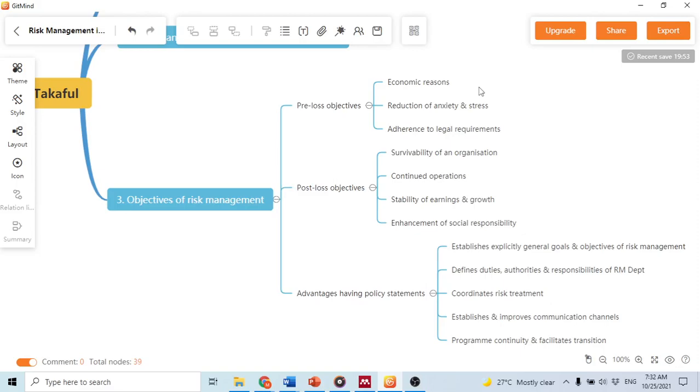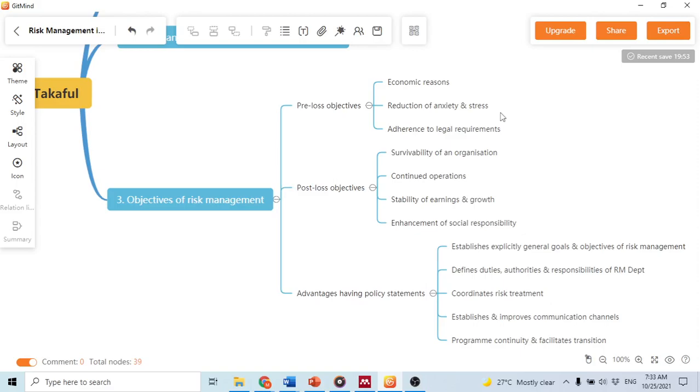And then another pre-loss objective is the reduction of anxiety and stress. So care and effort need to be harnessed in order to reduce worry and fear within the organization. Therefore, proactive measures should be adopted against occurrences such as lawsuits from customers, employees, and others that could financially impair the organization.